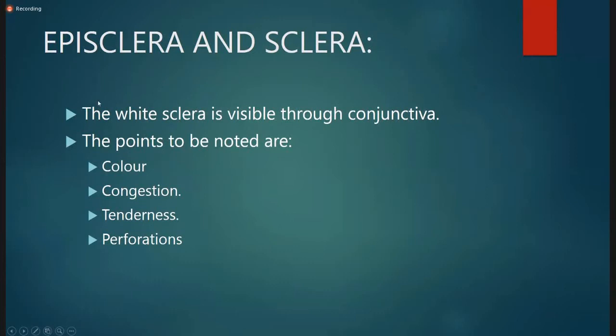It may lead to pink color or red color congestion, while in sclera it is violet, violet or bluish color congestion. The scleral nodule has got more tenderness, while episcleral nodule is less tender.